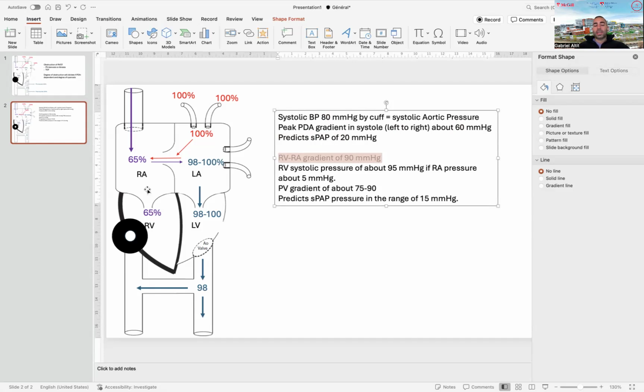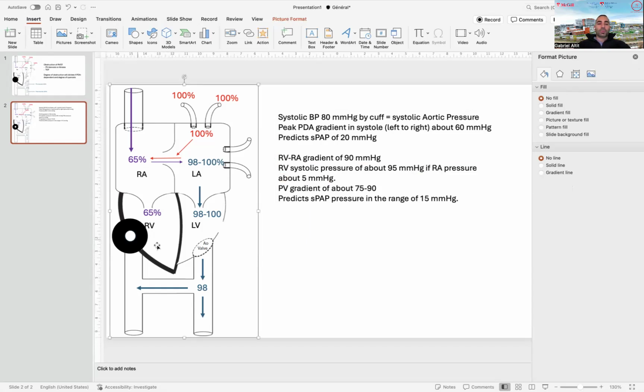Why? Because this is a gradient, and you assume that your RV pressure is around 5 millimeters of mercury, although it may be slightly higher because of the interatrial effect, the shunt. Well, not just because there's RV hypertrophy, the RV pressure may be a bit higher, and we saw that there was a bit of bidirectionality, so probably it tells us that the RV and LV pressure are relatively equivalent.